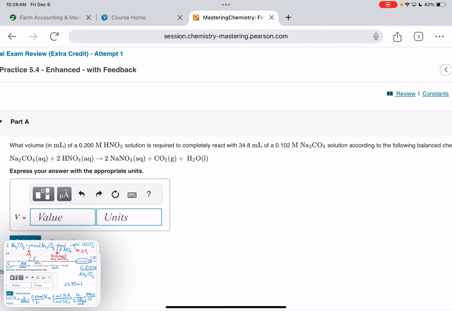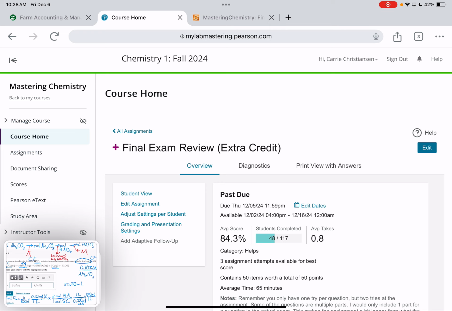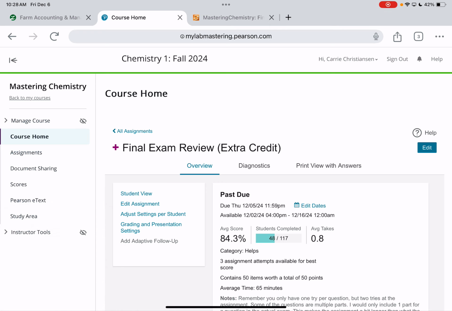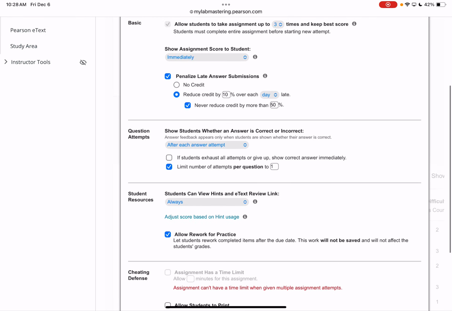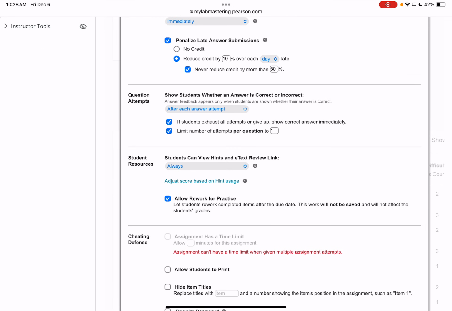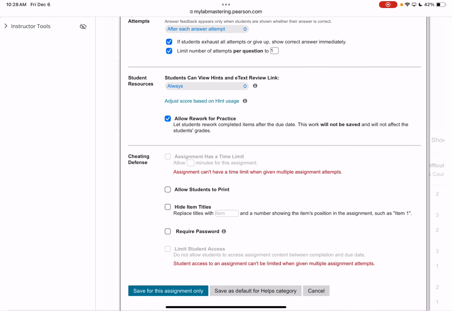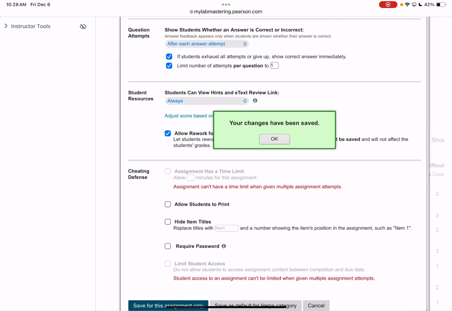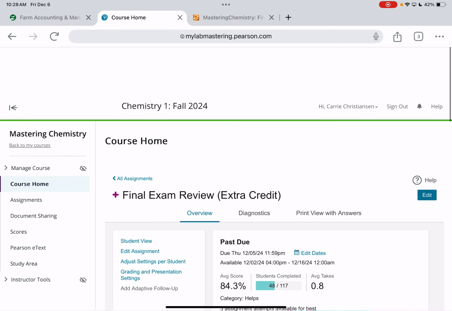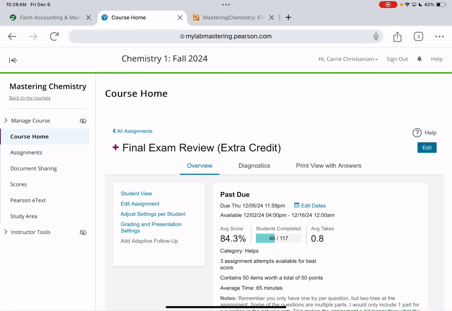Okay, I'm going to turn this on for a second and just go change that setting so that I don't forget later. Grading and presentation settings. Save for this assignment. Will you go check again now and see if it's working?